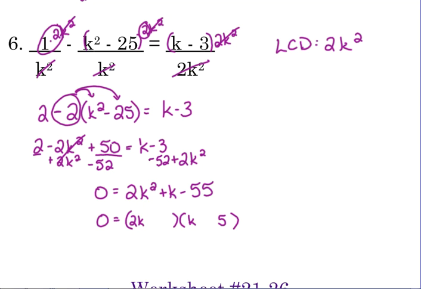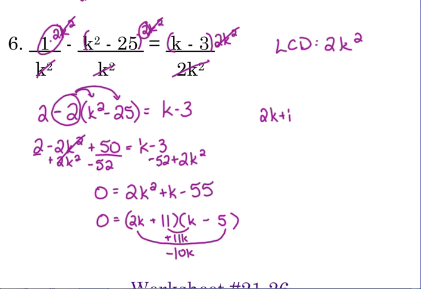Yes, I know 5 and 11 do not add to give me 1, but don't forget, one of them is going to get multiplied by 2. So we've got 10k and 11k. We need positive k, so we need the 11 to be positive and the 10 to be negative. So 2k plus 11 and k minus 5.